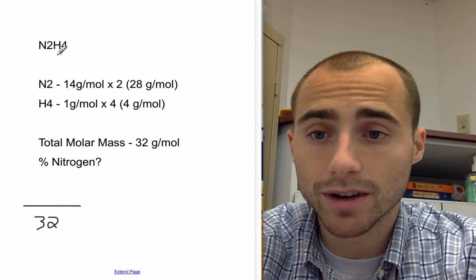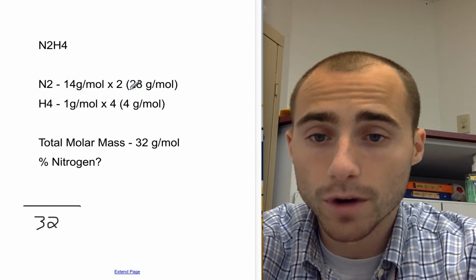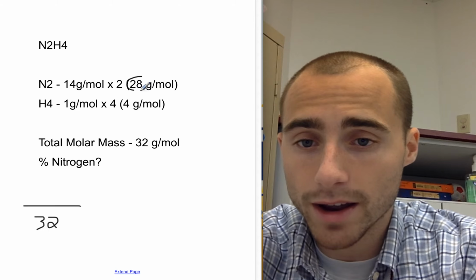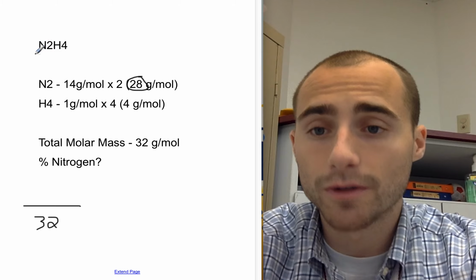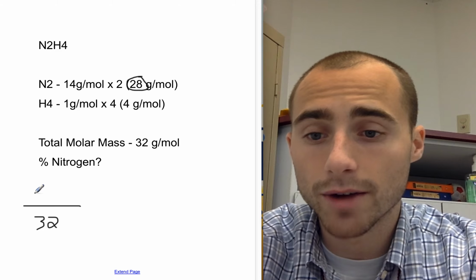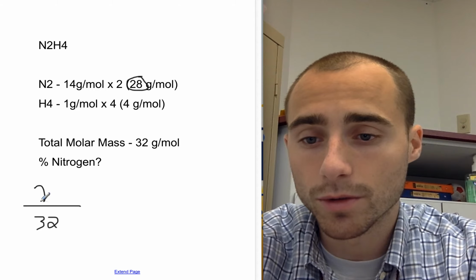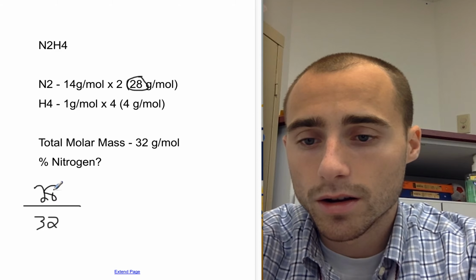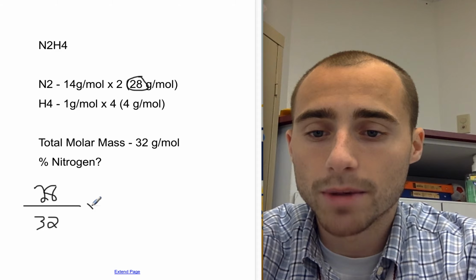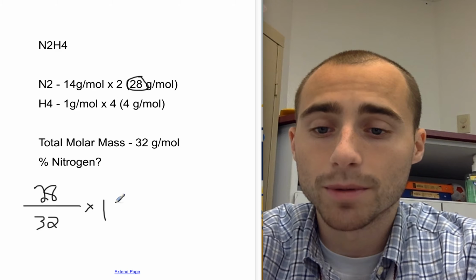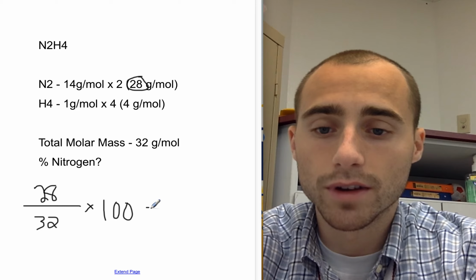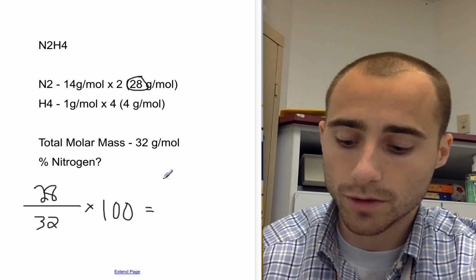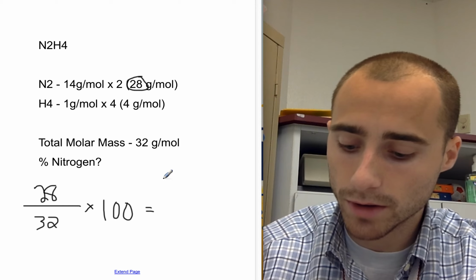In this situation it is N2, therefore I have to put 28 grams. Remember, I'm putting the total amount of that element that is found in the compound. So I would put 28, and then I'm going to divide and multiply by 100, and it's going to give me the percent composition of nitrogen in N2H4. So 28 divided by 32 times 100.